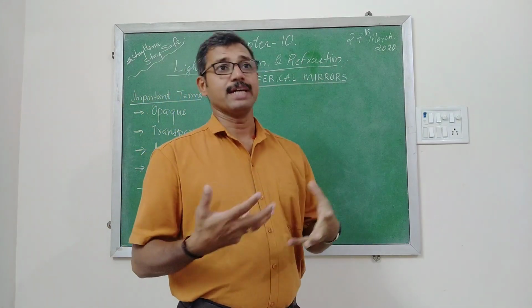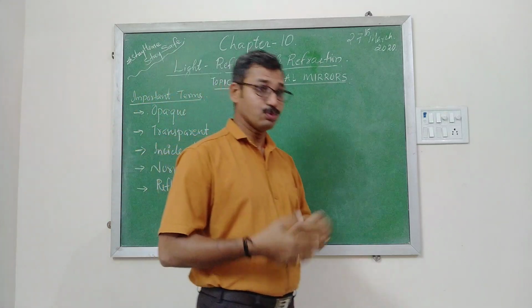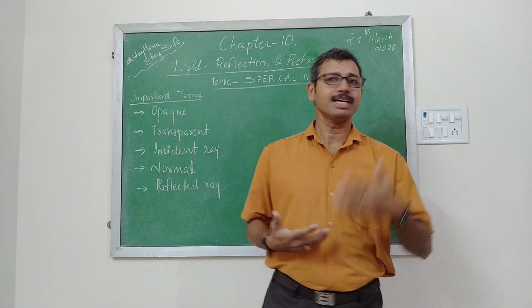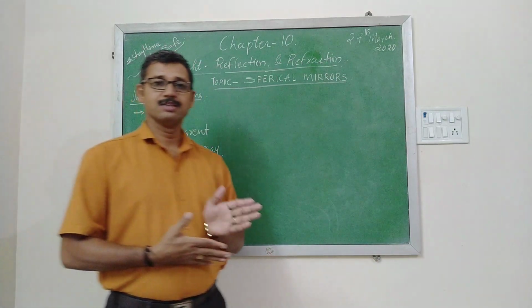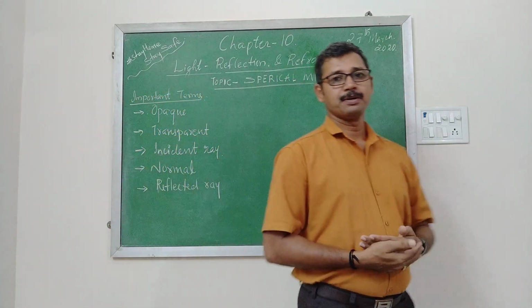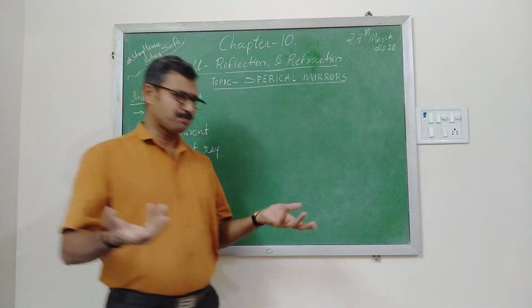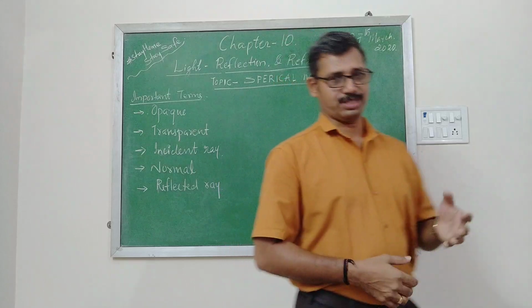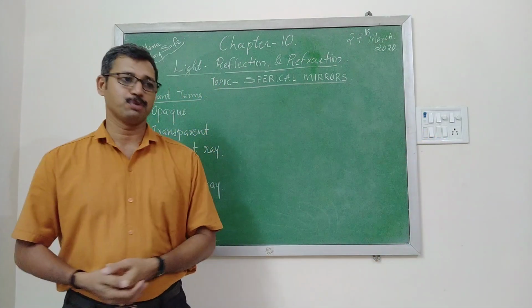So here we know that there is 100% reflection. Now, how is the plane mirror made? On the back side of the glass, silver or aluminium is coated. Sometimes mercury was coated. Nowadays mercury is not used because mercury is somewhat poisonous.